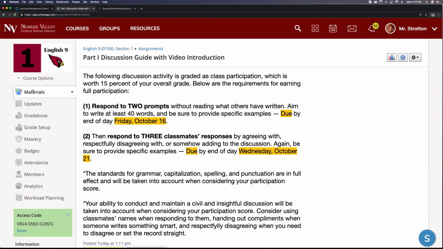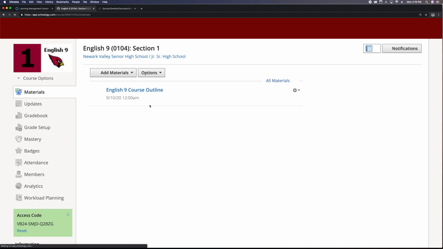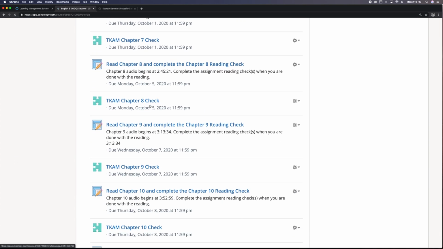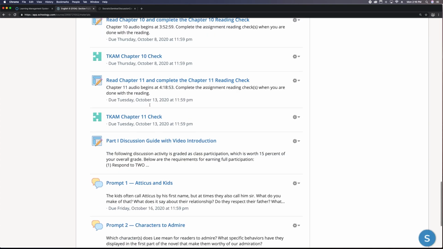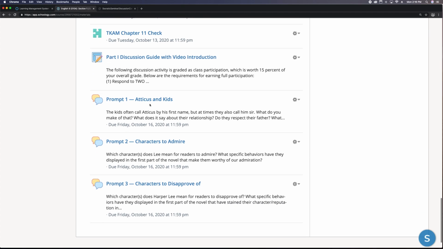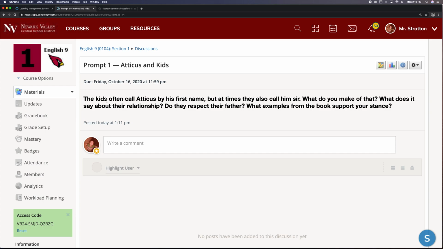Now, as far as the prompts go, here's the first one. It reads, the kids often call Atticus by his first name, but at times they also call him Sir. What do you make of that? What does it say about their relationship?